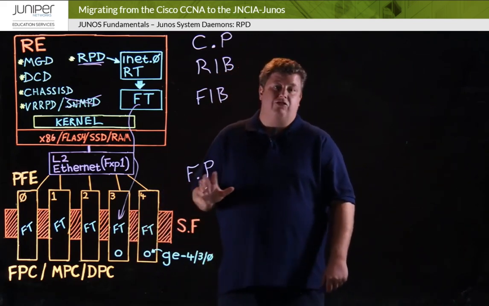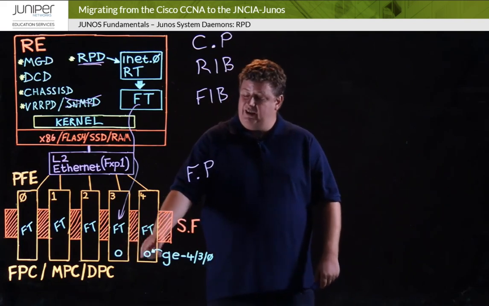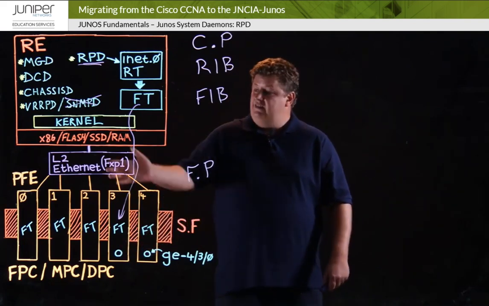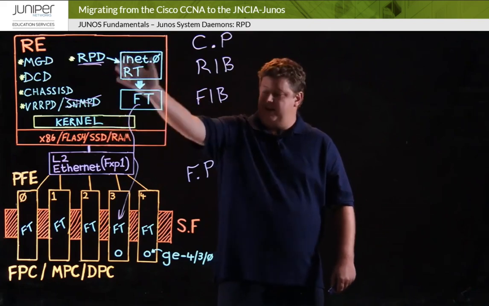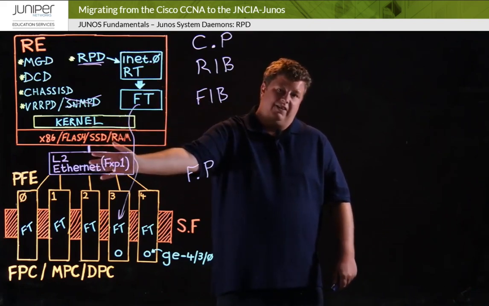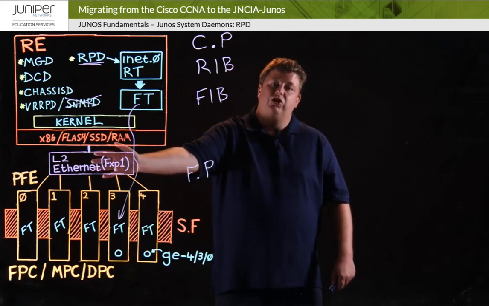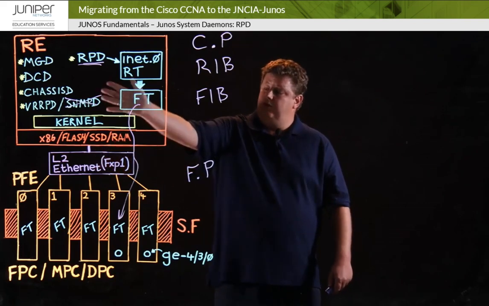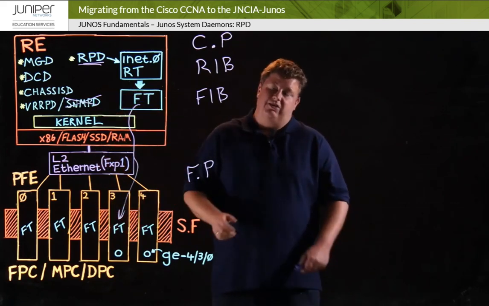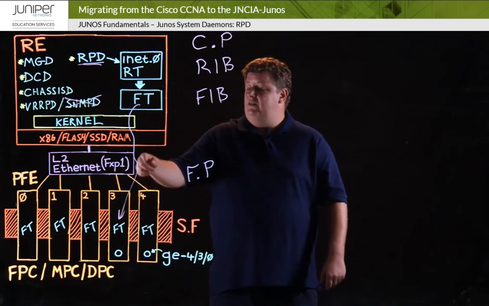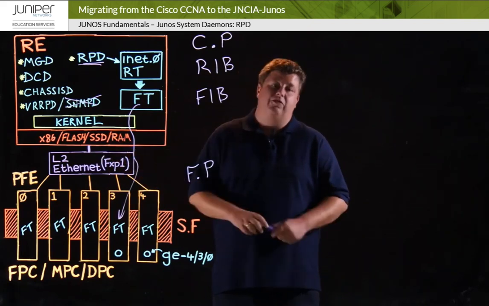So like we said, this transit traffic, stuff coming in on one line card, exiting on another, is never going anywhere near the RE. It's never crossing in any way this internal L2 switch. This gigabit Ethernet switch is just for internal communication between the routing engine and the line cards. In fact, in the higher end systems, this Ethernet switch is duplicated for redundancy.